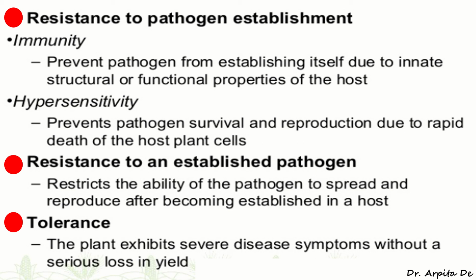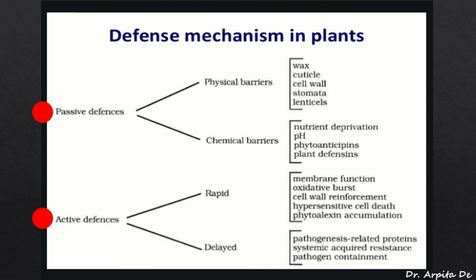It wilts and no longer produces as many flowers as when it was healthy. Then the number of fruits decreases, so the yield becomes less. But in case of tolerance, what will happen? They will exhibit severe disease symptoms, but the loss in yield is not that serious. This is called tolerance.